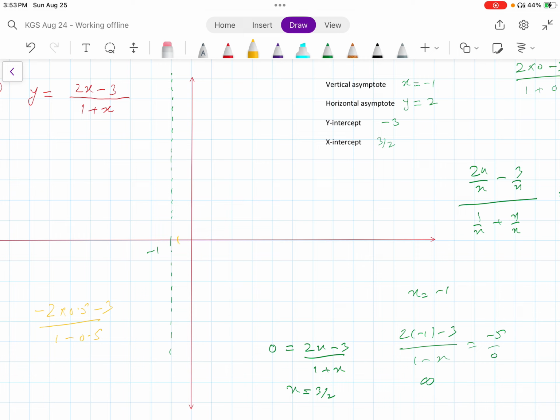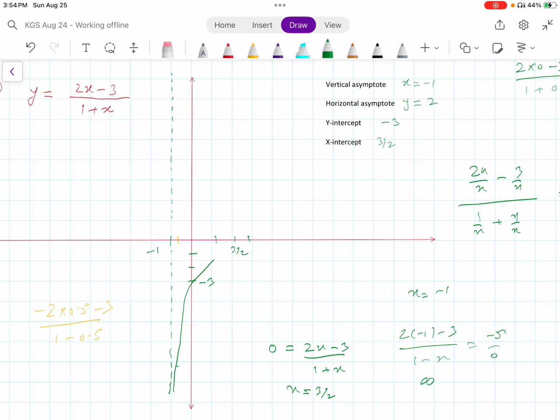So we start from negative infinity then, and cut the y-axis at minus 3. So I have to mark minus 3 here. The graph is coming from minus infinity, cutting the y-axis at minus 3, cutting the x-axis at 3 over 2. So maybe this is 1, this is 2, so 3 over 2 is between them.